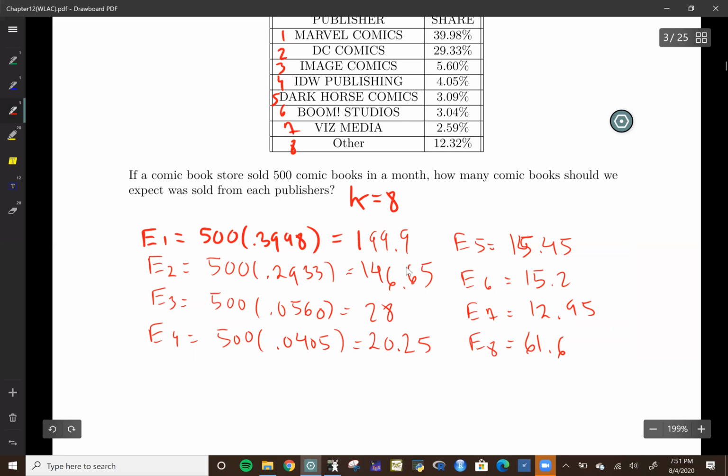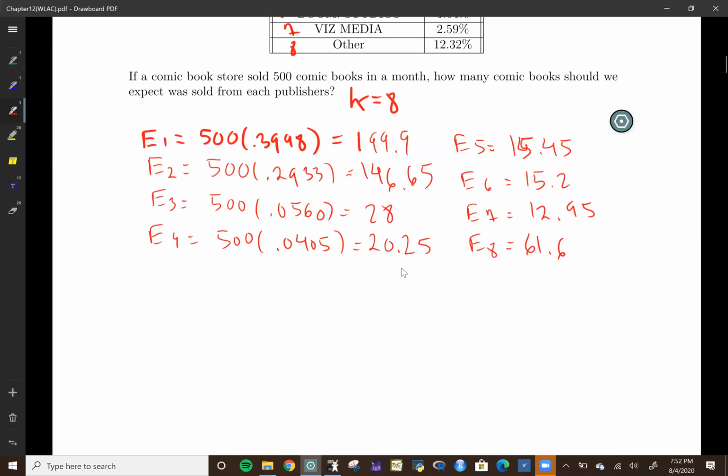So that's what you want to check. Just make sure the expected values are greater than 1. And we really want all of them to actually be greater than 5, because greater than 5 is perfect. That's kind of just testing our sample size, because if we have a large sample size, we should have expected values that are greater than or equal to 5.